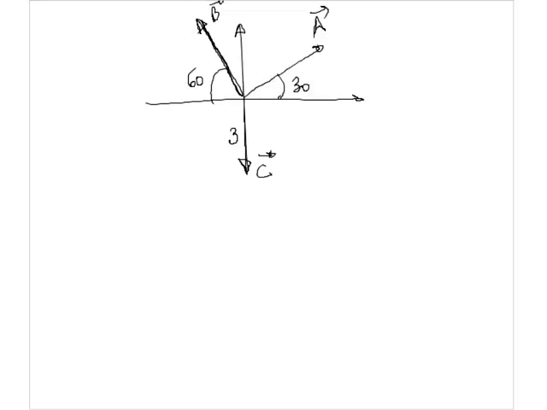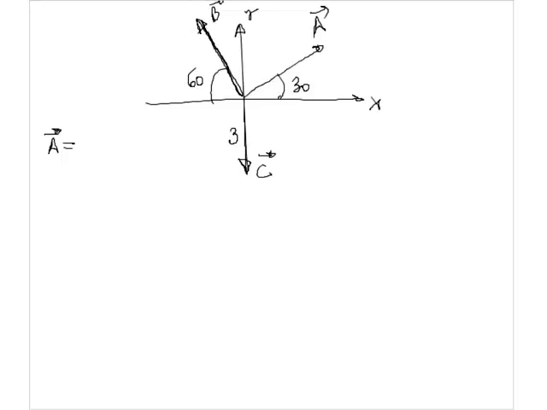I'm choosing this case because this, if I'm going to do it correctly, I hope, will force us to use a system of equations. So let's express A in terms of component notation. 30 is defined from the positive x going counterclockwise.